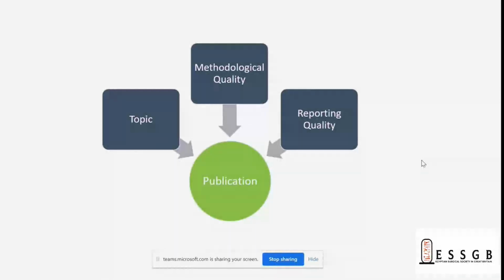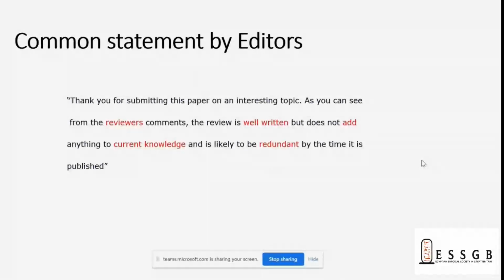But if you do a good topic with average methodological and reporting quality, you're more likely to have a satisfactory outcome, because it's what the literature needs. In the former scenario, when you do an inappropriate topic with good methodological and reporting quality, unfortunately, what you usually receive from the editors in terms of decision is going to be this statement.